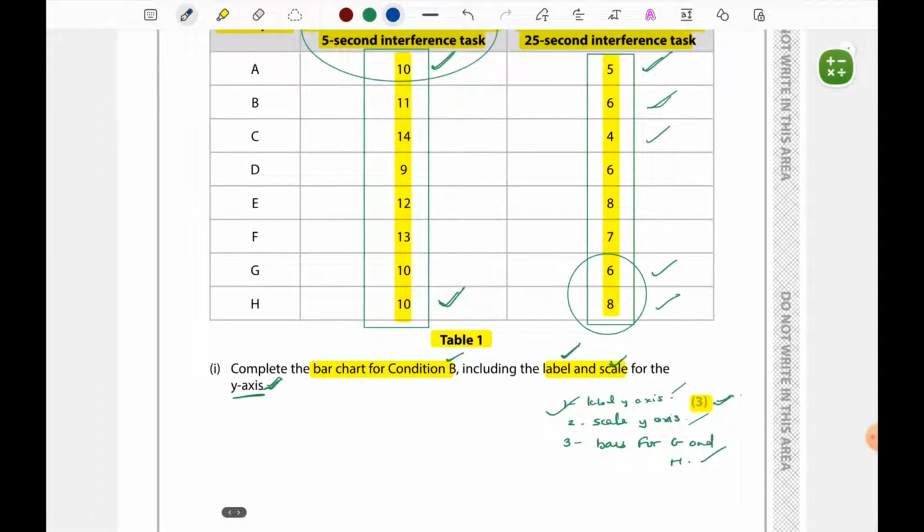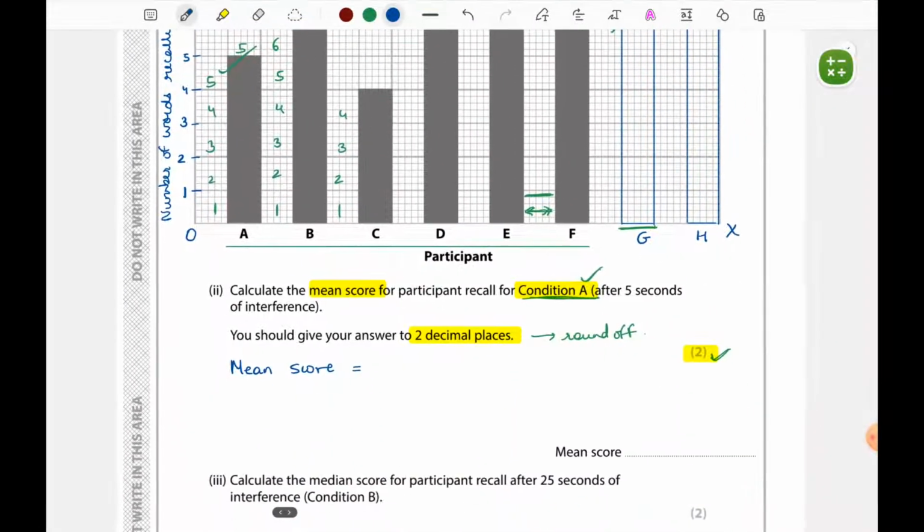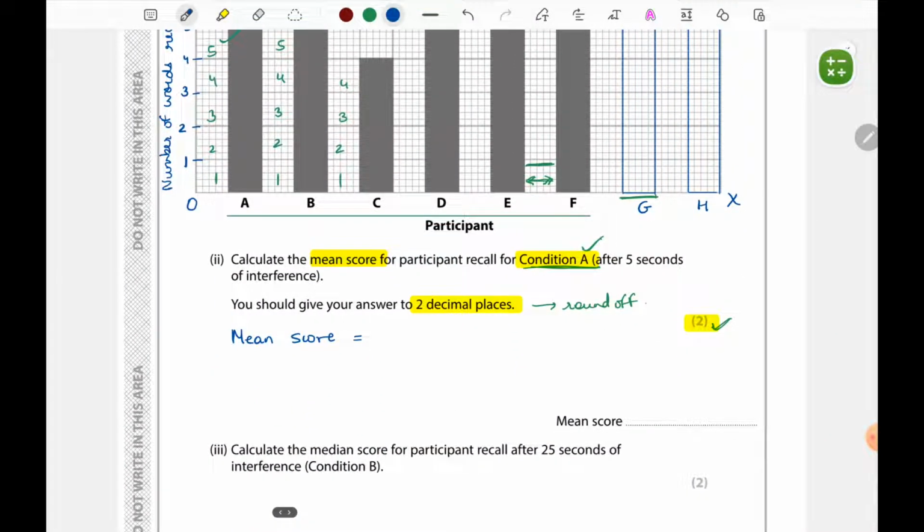So right from 10 till the bottom 10, whichever numbers are there, we will show that we are adding them. So we will show it like this: 10 plus 11 plus 14 plus 9 plus 12 plus 13 plus 10 plus 10.